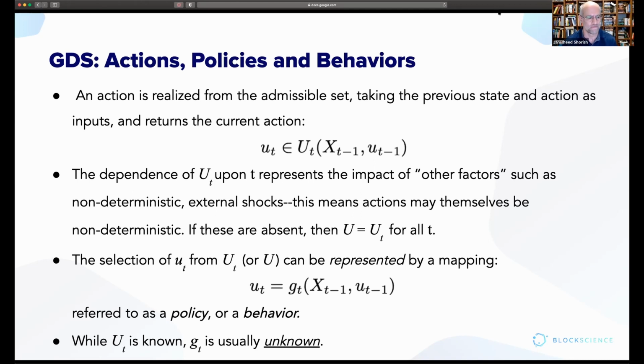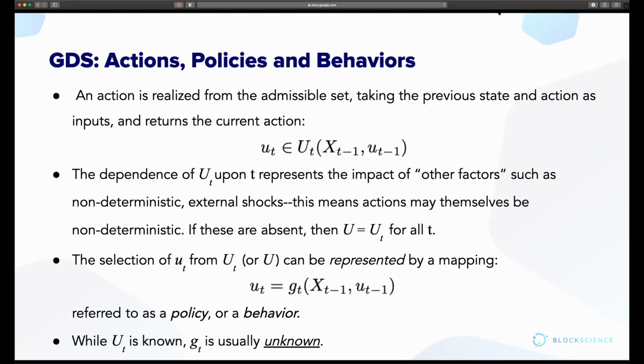Could I give what I think is a concrete example of time dependence of the set U of T, to make it concrete and check my understanding? Let's take a model where the state X is how many Bitcoins you have, and the actions are that you either send Bitcoins or receive them.